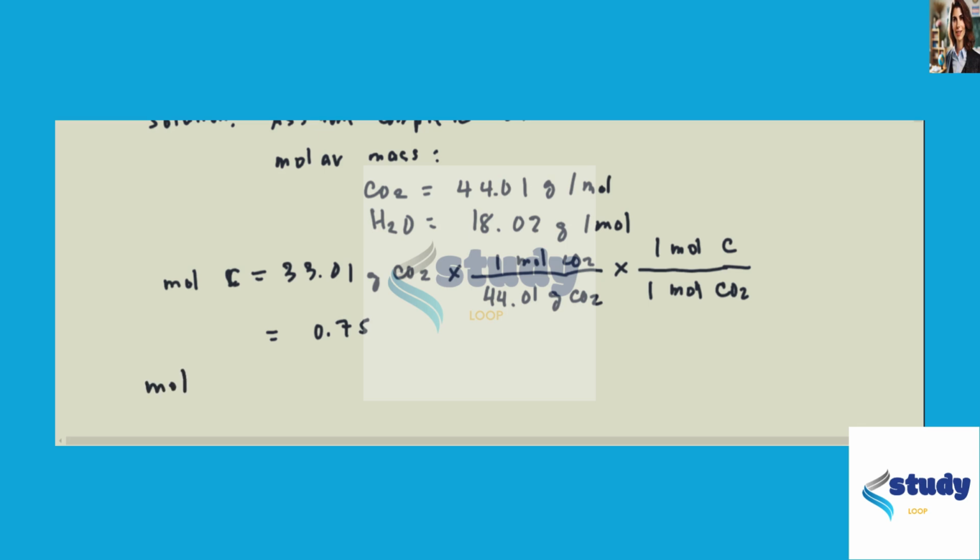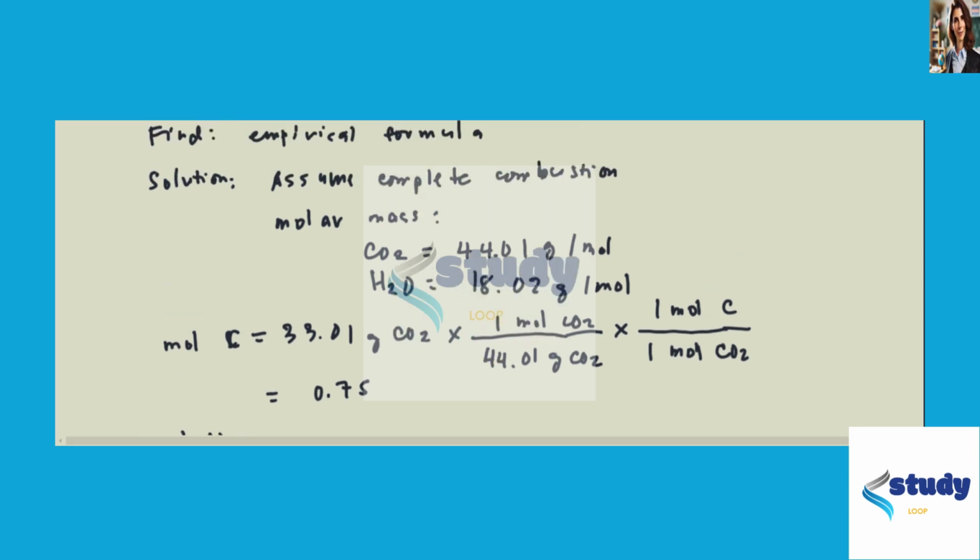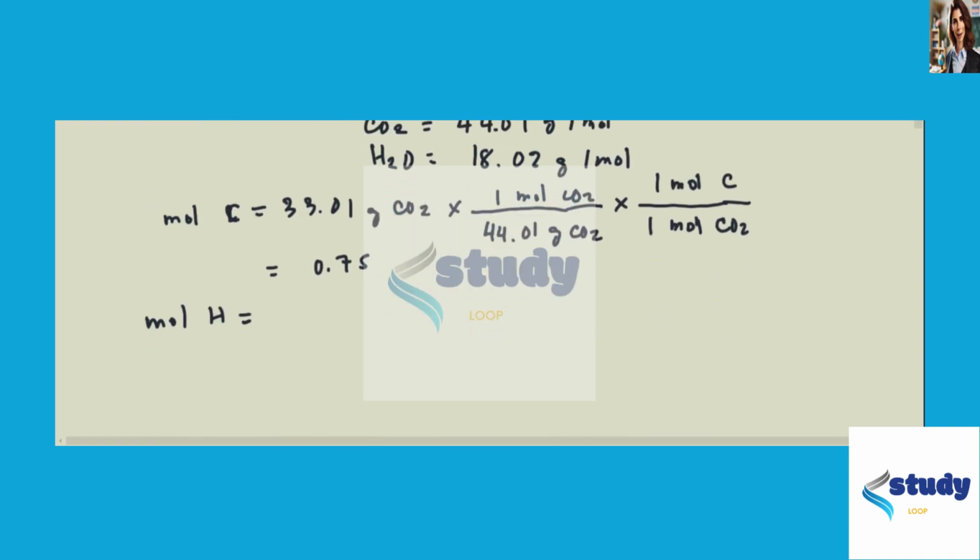Let's solve for the moles of H this time. That's from the given mass of water, 13.51. Convert this to moles of water using its own molar mass, given that 18.02 grams of water is equivalent to 1 mole.